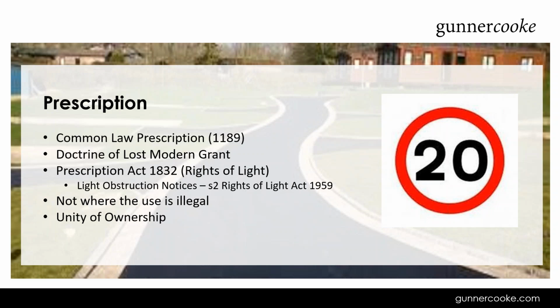We then move on to an attempt that was made in 1832 to try to draw the common law of prescription and the doctrine of lost modern grant together, which was the Prescription Act 1832. It's not a very good piece of legislation.